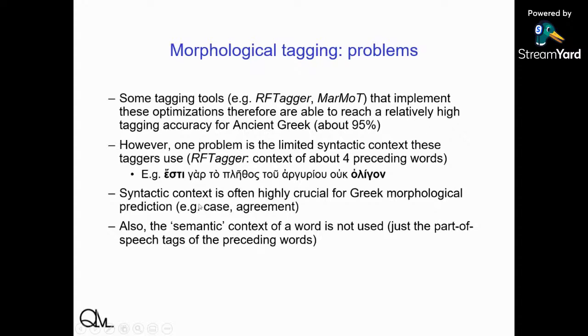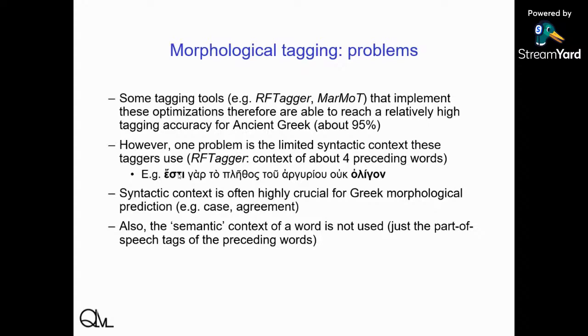Things like case and agreement are typically morphosyntactic phenomena. Another problem is that the semantic context of a word is not used, just the part-of-speech tags of preceding words. So even if we include est in the context, the tagger would only know that it's a verb and not a special kind of verb that typically requires a nominative rather than an accusative.